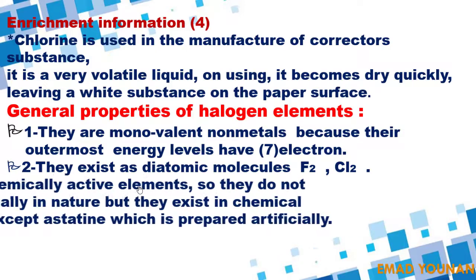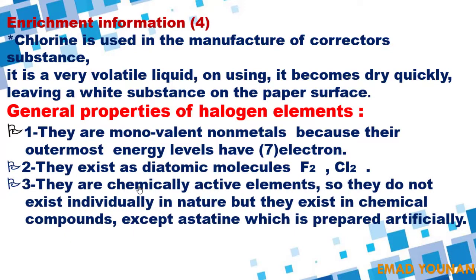Number 3, they are chemically active elements, so they don't exist free in nature but exist in chemical compounds, except astatine, which is prepared artificially. Halogens cannot exist as elements but react with other elements forming many compounds, like salts such as NaCl and NaF, and this is called a halide.